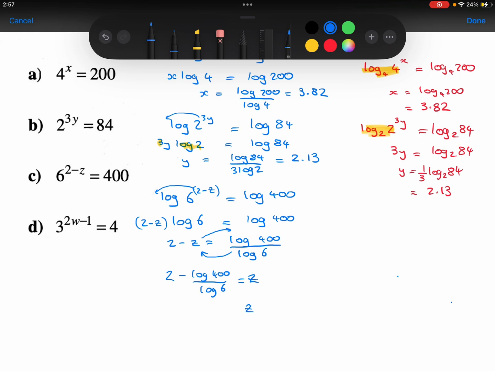And putting the left-hand side into my calculator, the 2 minus log 400 over log 6 gives, to 3 significant figures, minus 1.34.